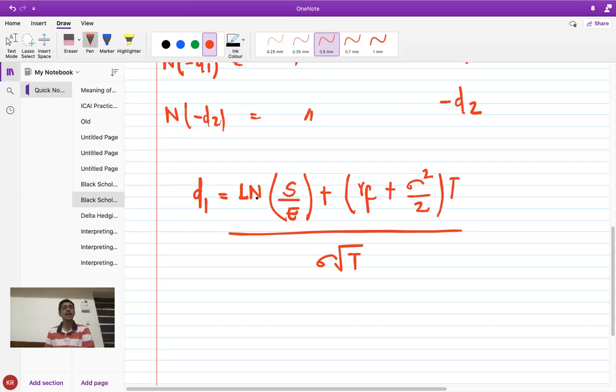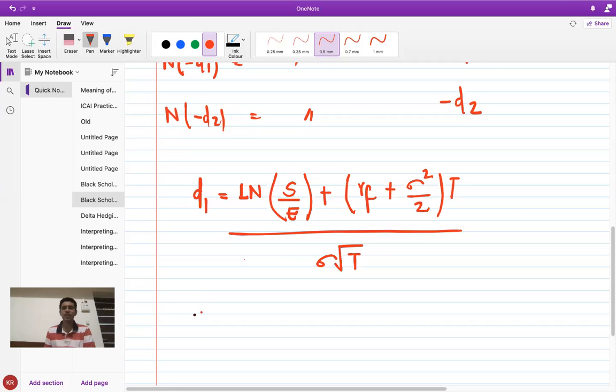Okay, ln refers to natural log of S by E. I am doing S divided by E, where in our case S was 170, E was 160. Ln of 170 divided by 160 plus RF plus sigma square by 2 into T, the whole divided by sigma root T. Okay, this is the formula for D1.